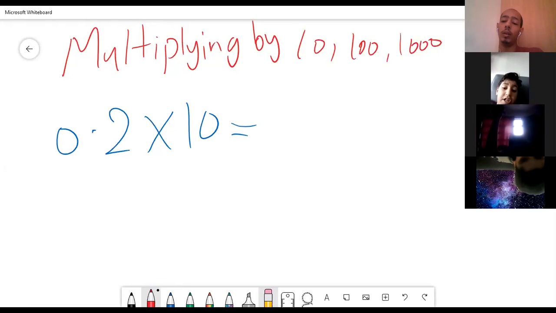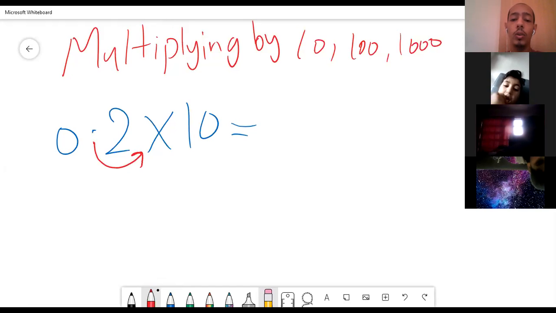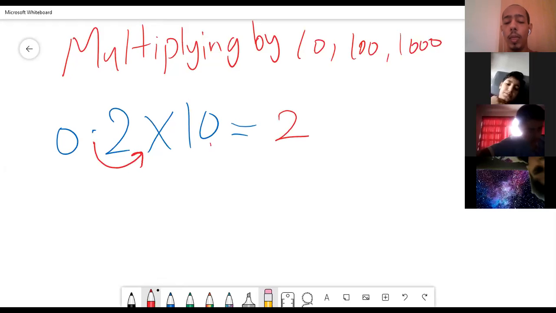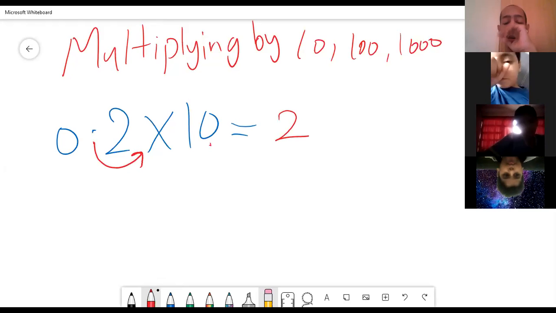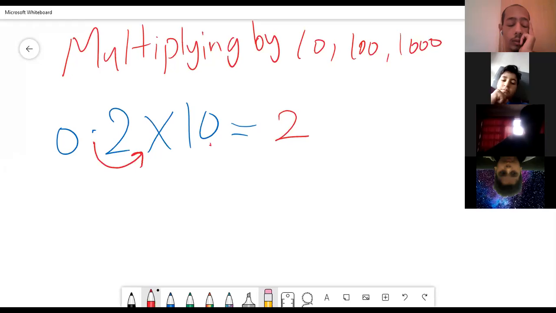Whenever you multiply by 10, you have to move the decimal point. It's not 0.20, it's 2. Why? Because you are multiplying by 10. Do you remember when we studied how to divide by 10? We used to say you have to move the decimal point to the left.